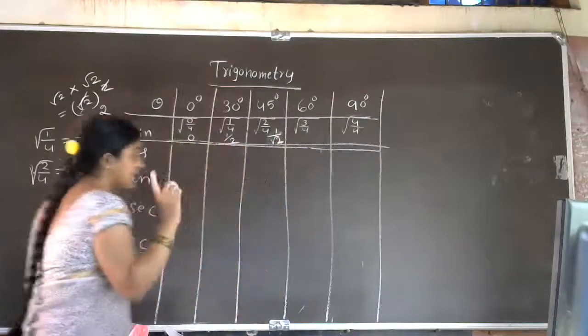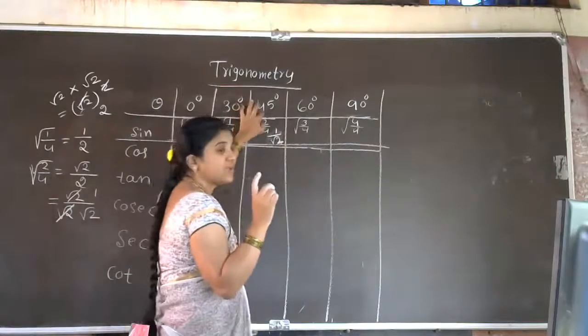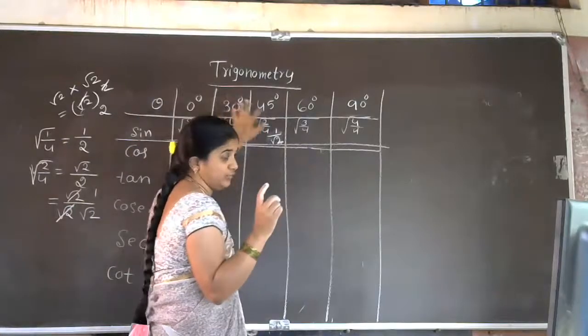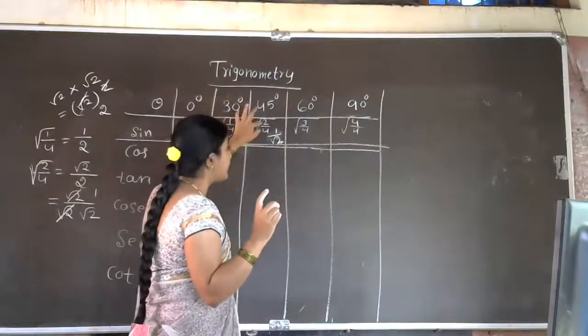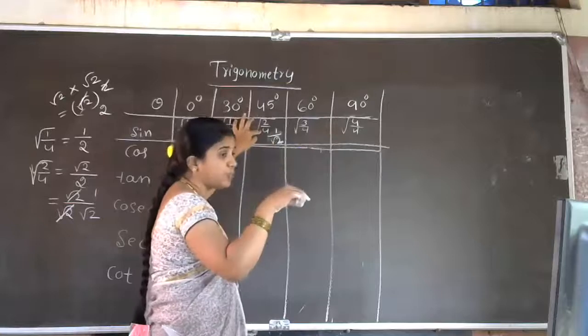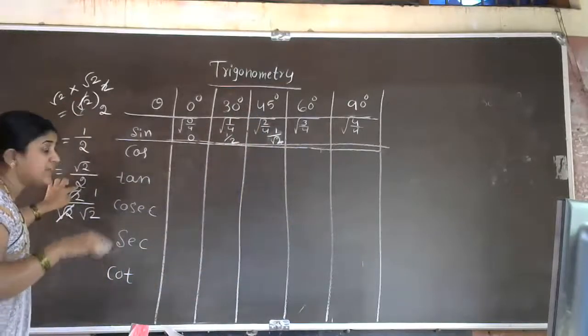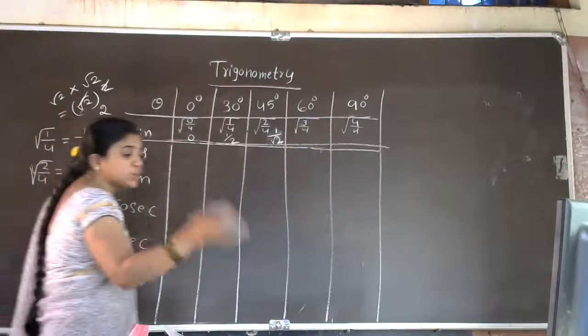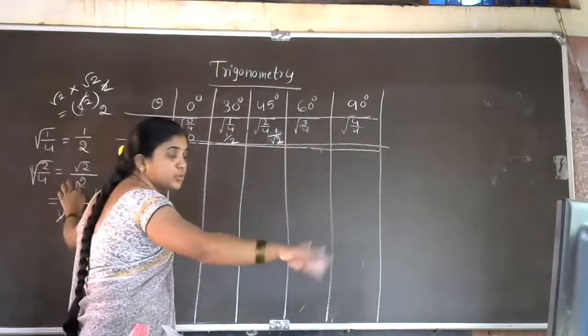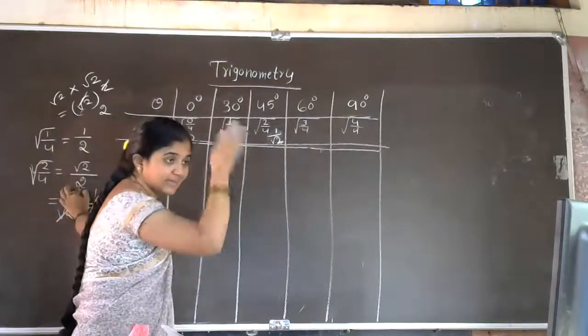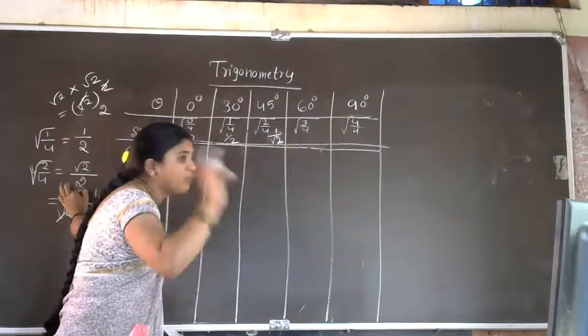See, be very careful. In 45 degree, you have to be very careful. Sine 45. In the beginning, after removing the square root of 2 by 4, you will actually get root 2 by 2. But you never observe that root 2 by 2 in the table, right? So then you have to think further.